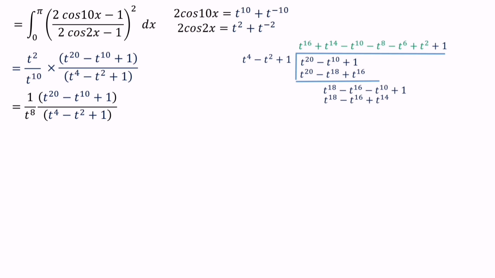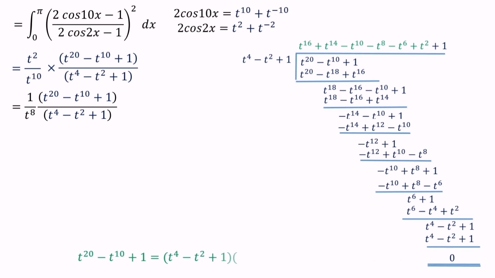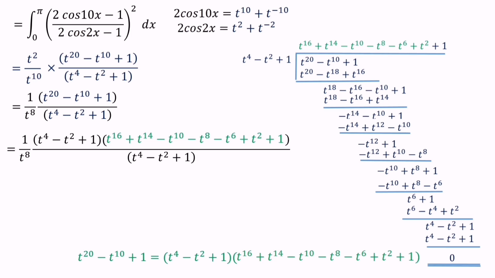Using long division, instead of t to the power of 20 minus t to the power of 10 plus 1, we can write t to the power of 4 minus t squared plus 1 times t to the power of 16 plus t to the power of 14 minus t to the power of 10 minus t to the power of 8 minus t to the power of 6 plus t squared plus 1.